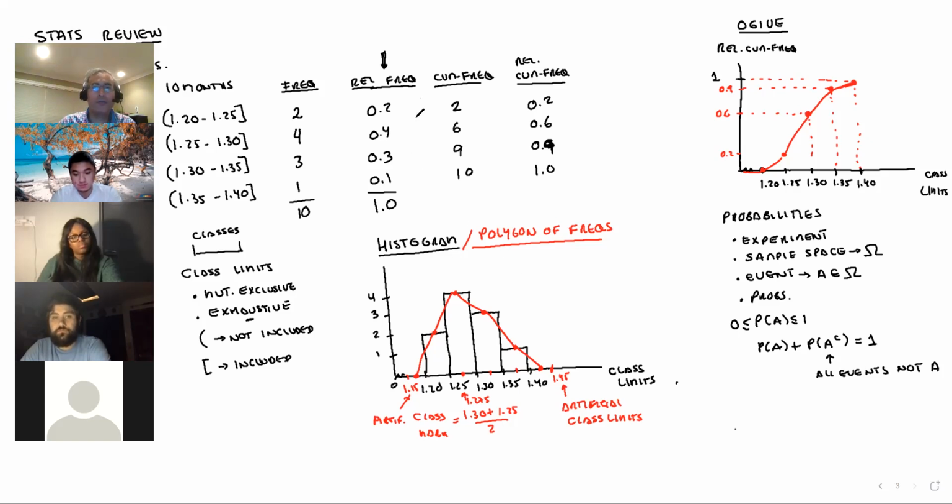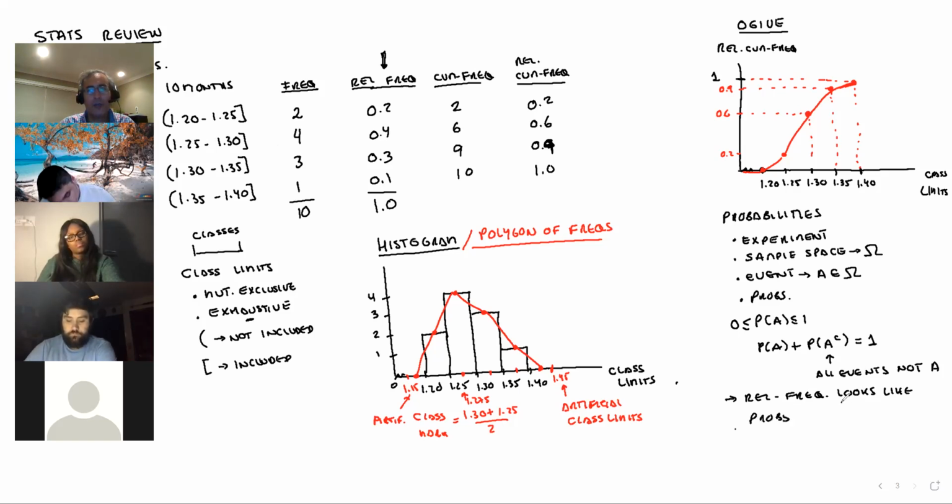You agree? Agree with me or not? But I'm using very carefully the words "looks like." Why am I not saying they can be taken as probabilities? What is missing here, guys?